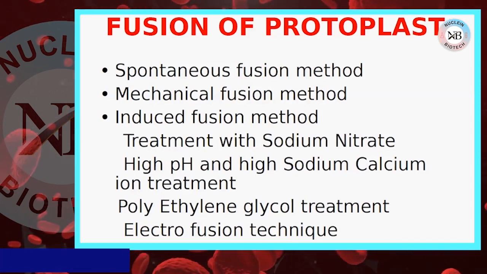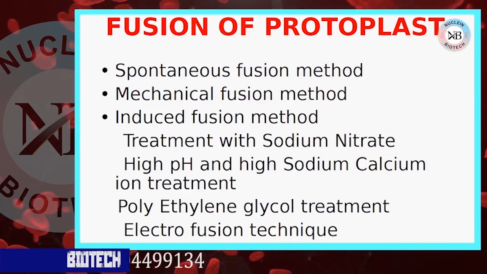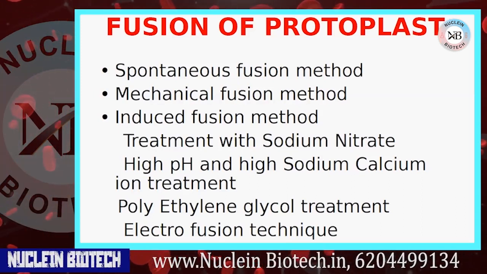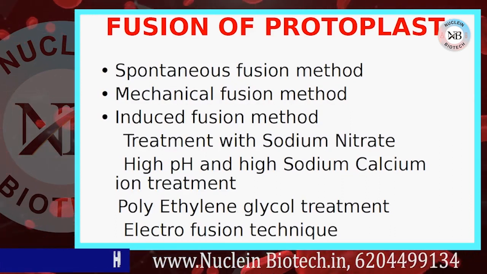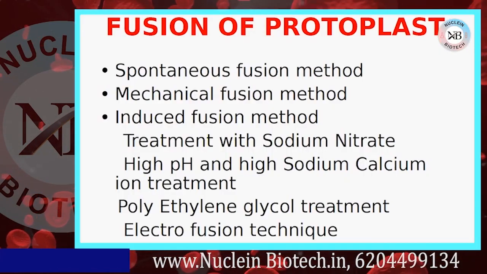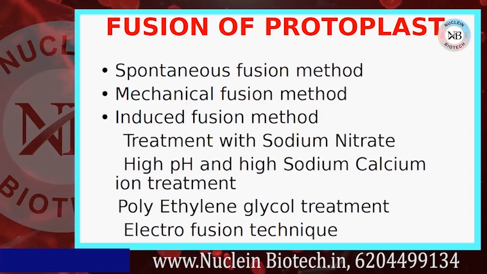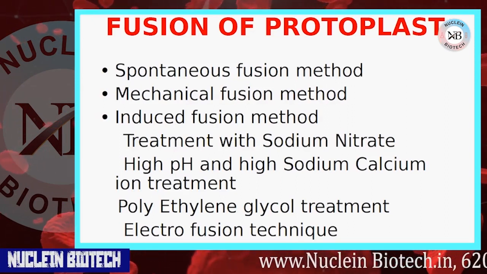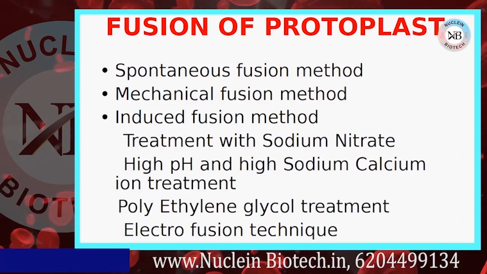After that, the tube is shaken for 5 minutes and allowed to settle for around 10 minutes. At last, settled protoplasts are washed several times with culture medium. This is a widely used method, and the advantages of this method are high frequency of heterokaryon formation and low toxicity to cells.